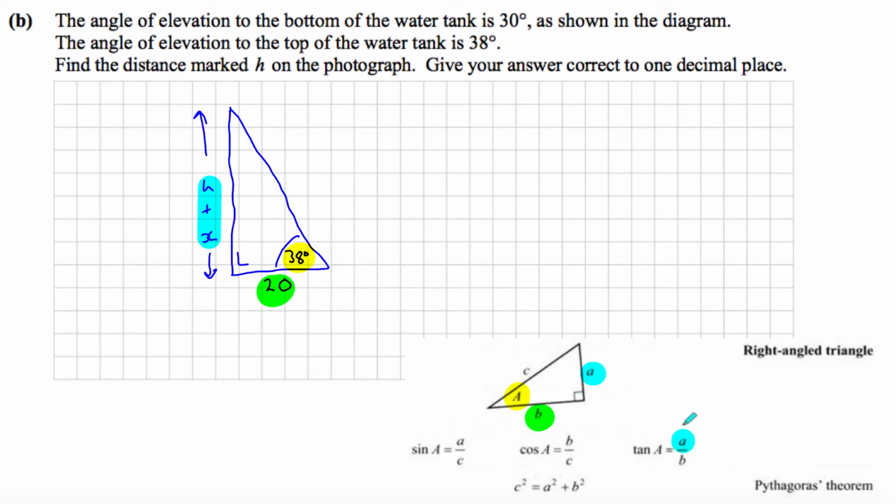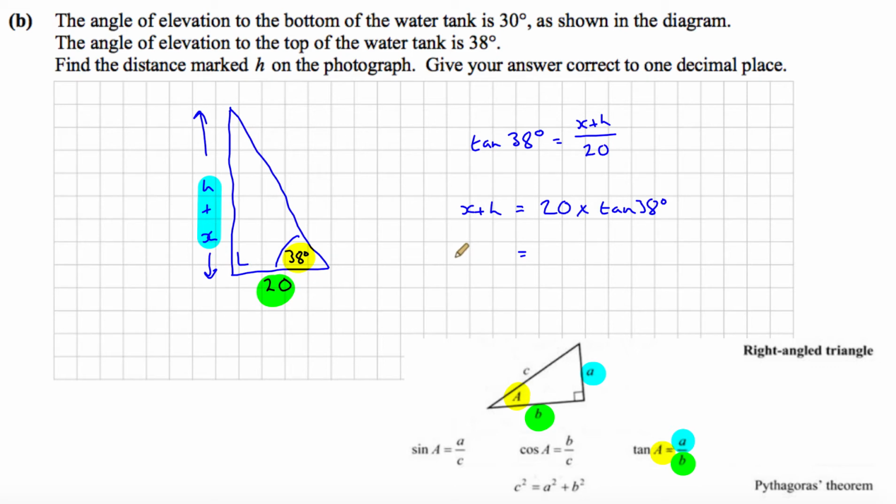As we can see here, you've got the A, you've got the B, and the big angle A. So what we say is that the tan of the angle, 38 degrees, is equal to the opposite, which is x plus h, over the adjacent, 20. So rearranging, we have x plus h is equal to 20 times tan 38 degrees.